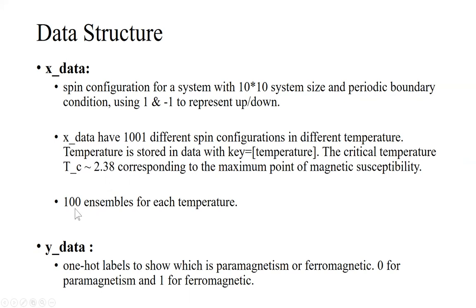For each temperature, there are 100 ensembles, so that you can use this to do machine learning. For the label data, we have a one-hot label to show whether it is paramagnetic or ferromagnetic, so you can use this data to do supervised learning. So that's all, and I hope it is helpful.